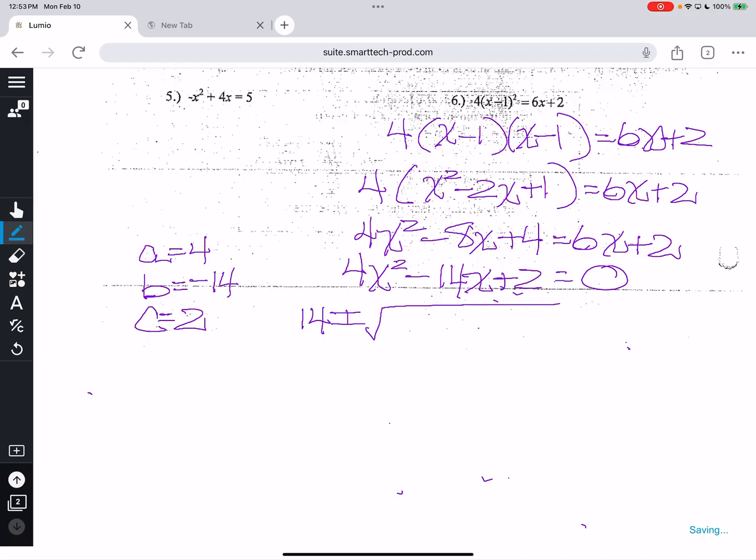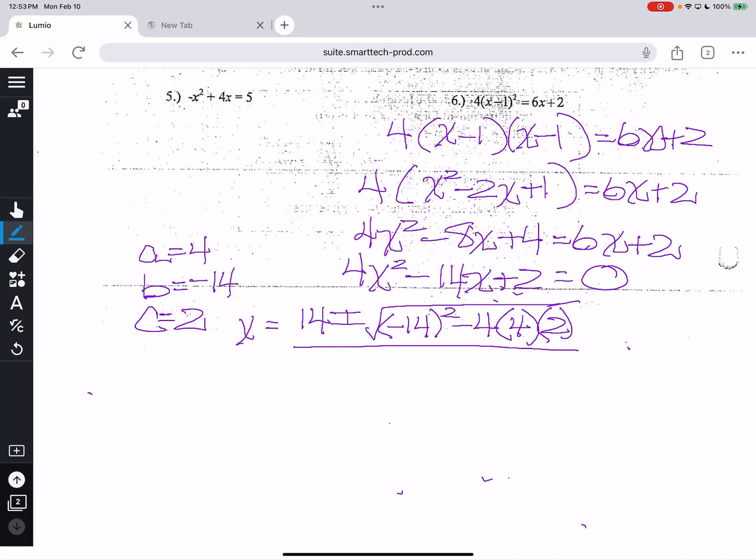Who knows what negative 14 squared is? What's the denominator? What is the denominator for our problem?